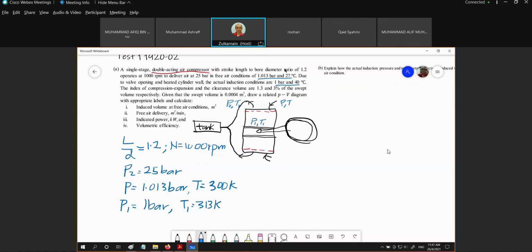Okay. And the index of compression n is 1.3.